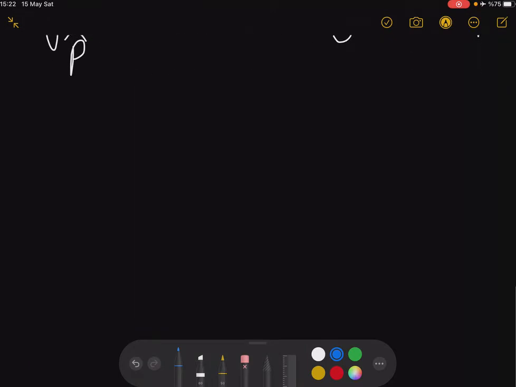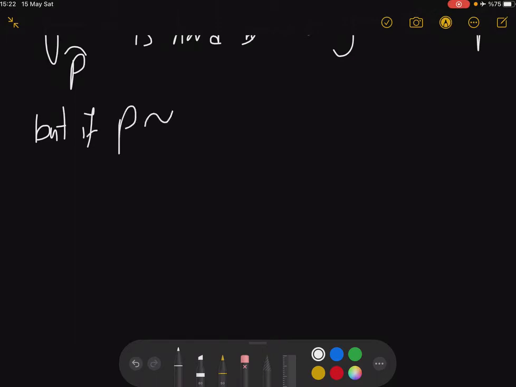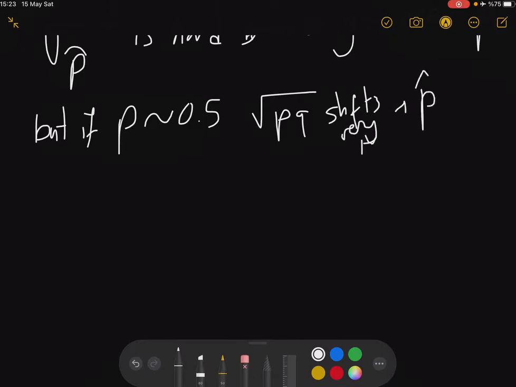But you should keep in mind that if your p is close to 0.5, like coin toss trials or whatever, your standard error shifts very little because the values would be very close. So you can use p hat from the sample set instead of the original p here.